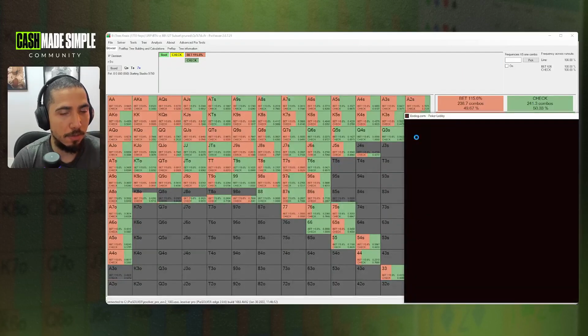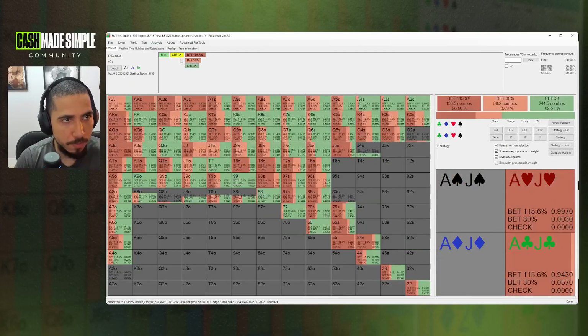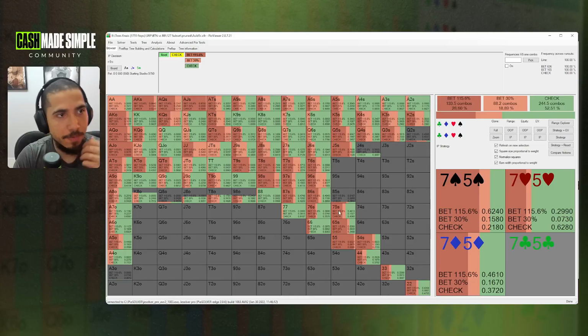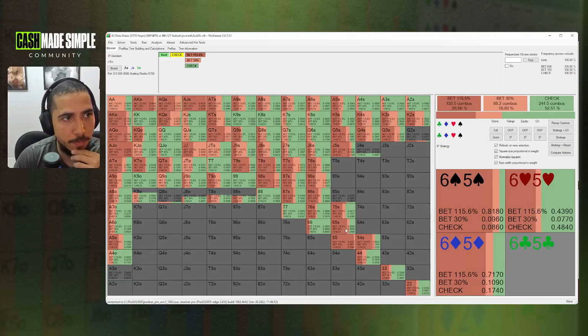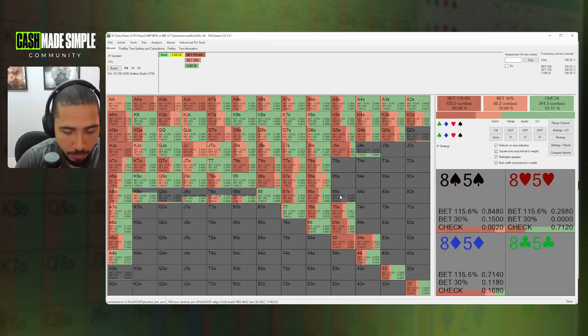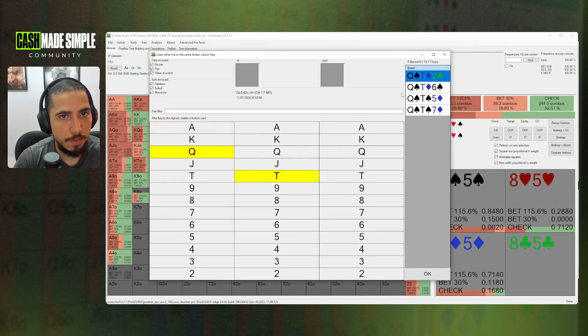We can't say that there isn't here. There is a difference. For example, if you take a look at Ace Jack 5 Rainbow, we're going to see that 7-5 with the backdoor flush draw bets more than without it. 6-5 with the backdoor flush draw bets more than without it. 5-4 with the backdoor flush draw bets more than without it, right? So I think it's pretty clear that we have to make this distinction. Let's say we have Queen 10-5 two-tone.